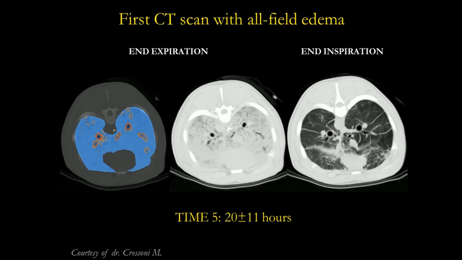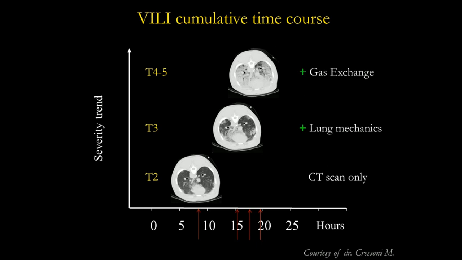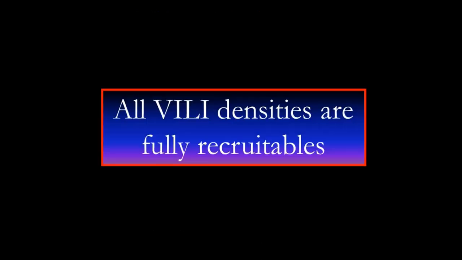That means this locus of pneumonia acts as a very powerful stress riser. So the sequence is basically an increase of subpleural regions, then the full lung. Here, everything is normal. When you start with this lesion, you have very small problems with lung mechanics. And the gas exchange starts to be impaired only when you have this kind of picture, not with this kind of picture. So, all VILI lesions are fully recruitable.